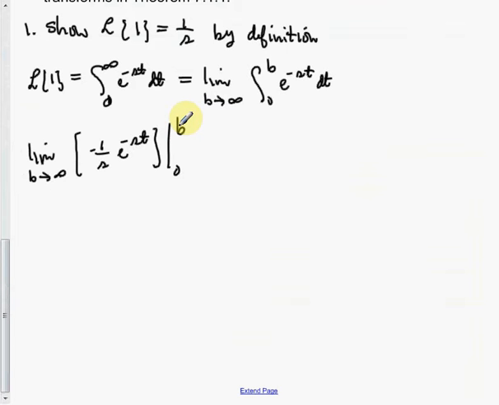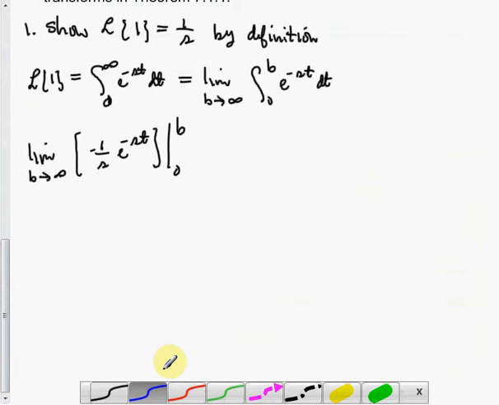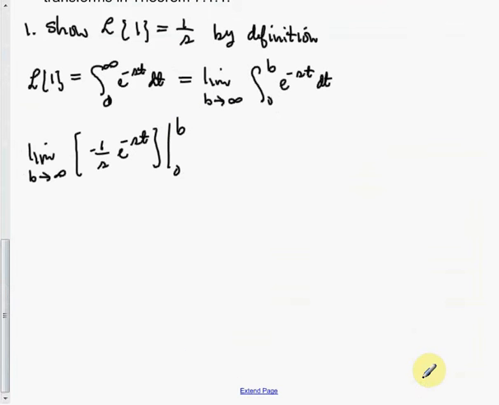You understand with that, the integral of e to the negative st, you have to use a u du substitution, right? Let u equal negative st, and du is negative s dt, right?